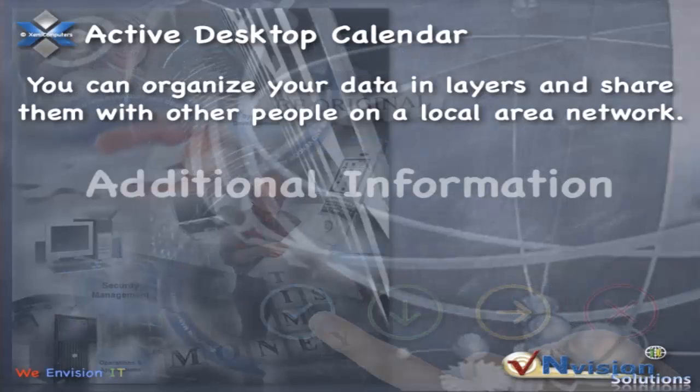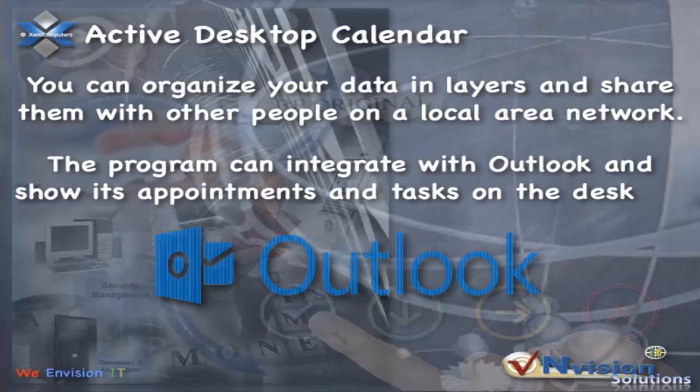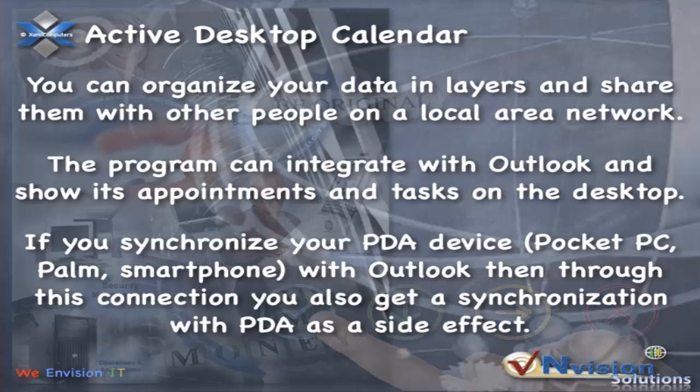Also, what you can do in regards to the Active Desktop Calendar is that the program can be integrated with Outlook, and that means that the appointments and tasks that you are updating in your Outlook can then be displayed on your desktop via this integration. Also, you're able to synchronize your PDA devices like the Pocket PC, Palms, and smartphones with Outlook.